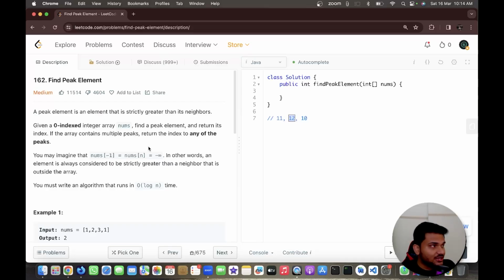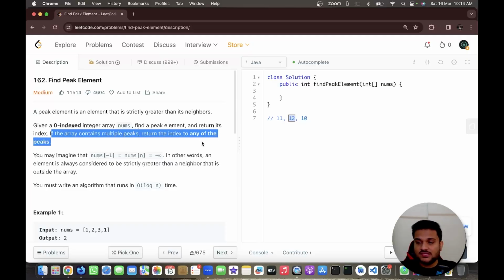So in the given collection of numbers, you are expected to find the peak element and tell the index corresponding to that. If the array contains multiple peaks, then return the index of any one of the peaks. So in case there are multiple peaks available, you are expected to just return any of the corresponding peaks.